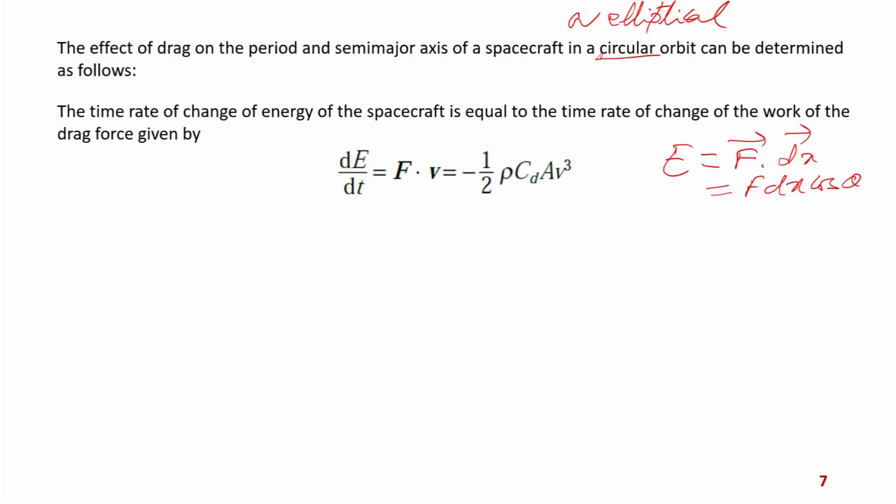Now I am taking the derivative of this with respect to time. Here, instead of x, I can write it in terms of r, which is better. So now we have dr by dt.